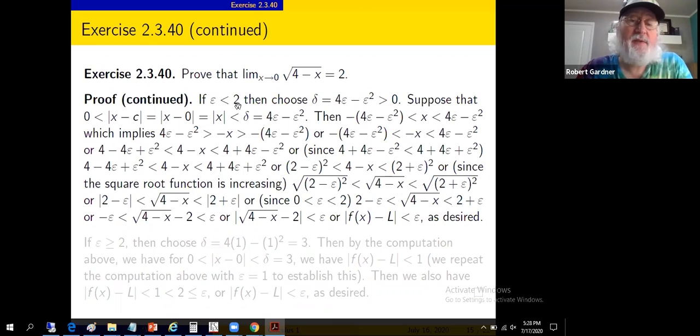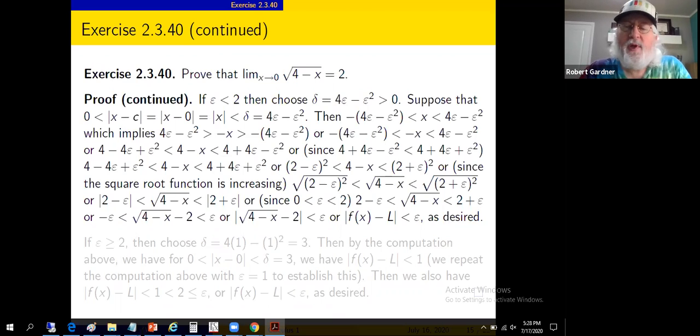Also epsilon's positive, so we're good. And we can drop the absolute values. You can't just drop absolute values. You can drop absolute values when they're on positive quantities. And we checked, and they are positive things. So we can eliminate the absolute values because 2 minus epsilon is positive, and so is 2 plus epsilon.